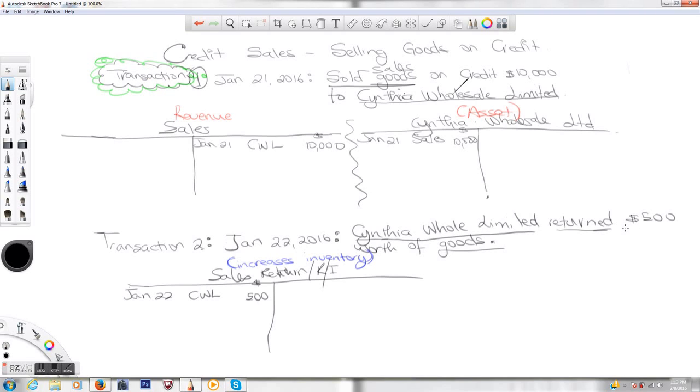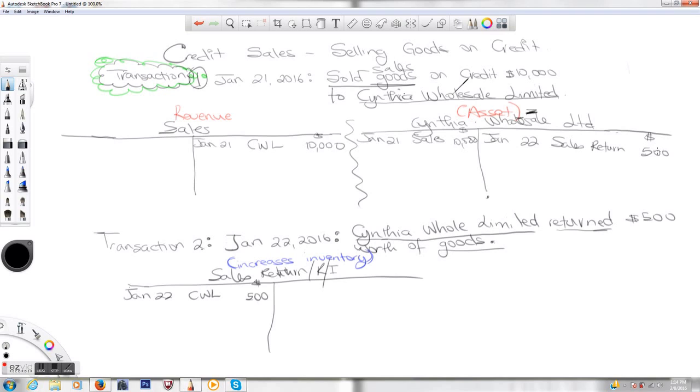Since this transaction reduces the amount Cynthia Wholesale owes us, our asset is decreasing, and to decrease an asset, you credit. So we credit the asset account. We see January 22, sales return, or RI, amount $500.